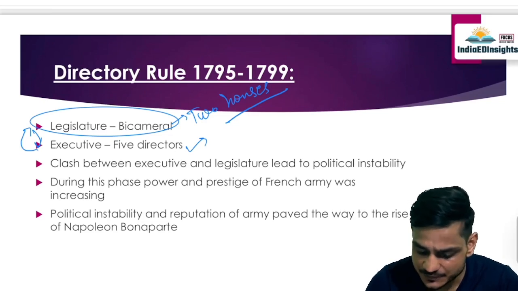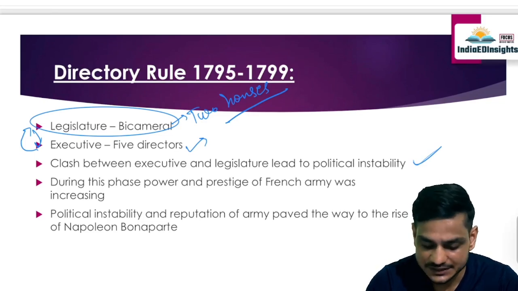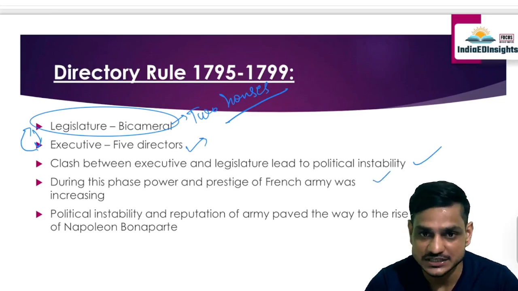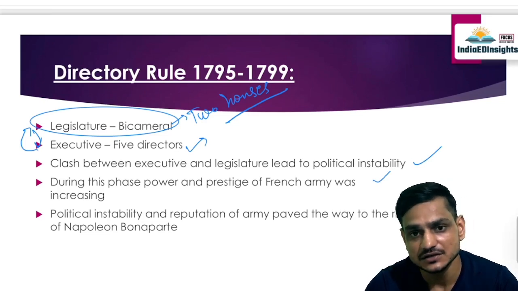So the clash between executive and legislature leads to political instability. During this phase, the power and prestige of the French army was increasing, because France was continuously at war.